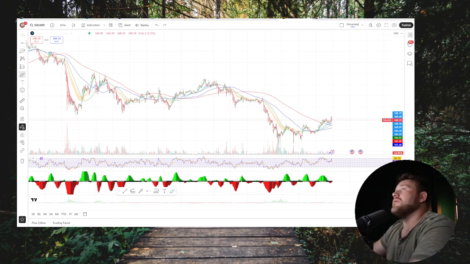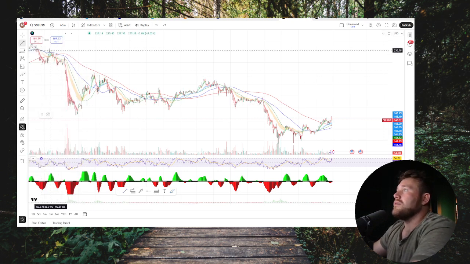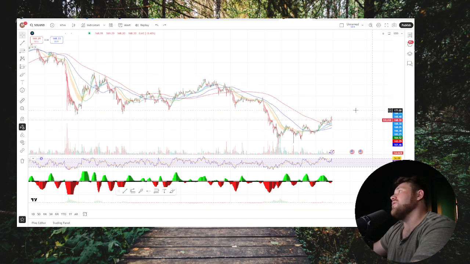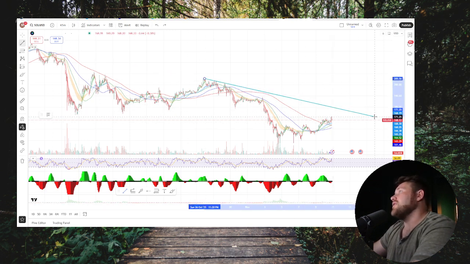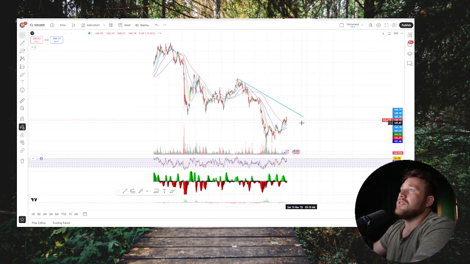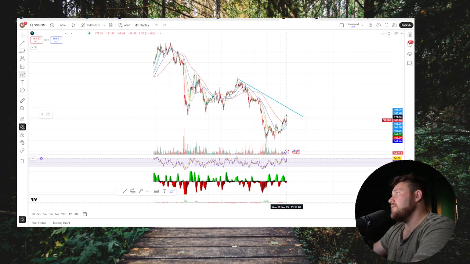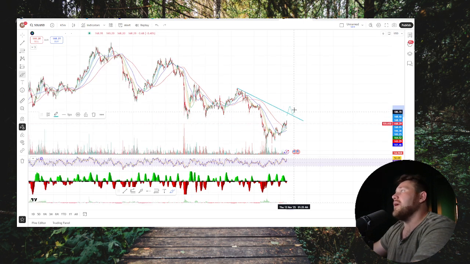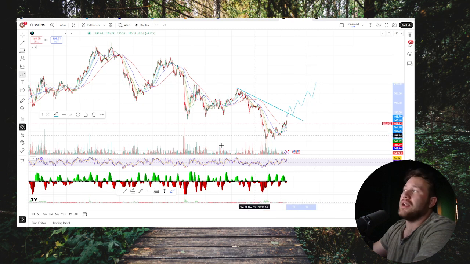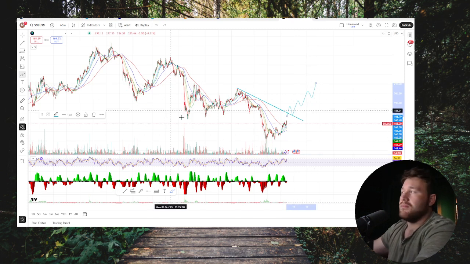We can also do simple things like drawing a trend line here and looking to see if we can get multiple touches. It looks like the best trend line is from here. If we can get over this trend line and we can see something that starts to set higher highs and higher lows, that's a flip.